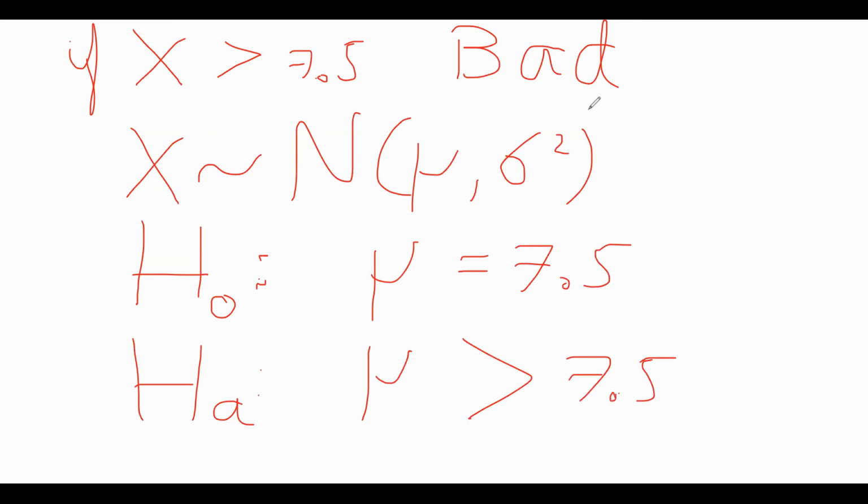Now this is called a one-tail hypothesis because it can fail on one side. You can also say the hypothesis is mu not equal to 7.5. So, two-tail.